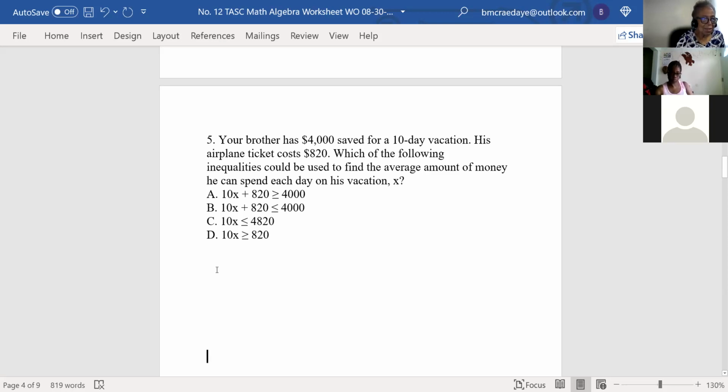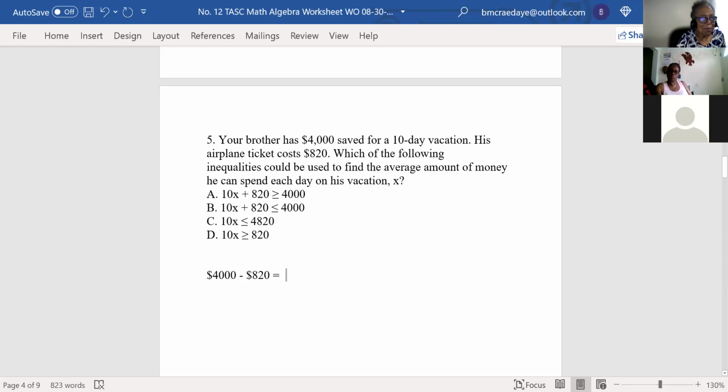820. Okay, let's just put that there. That's a good start. You're putting in the numbers. 4,000 minus 820. And what does that give you, Maureen? You don't have to tell me the number, but what does that represent? That represents the cost of the ticket from the savings.